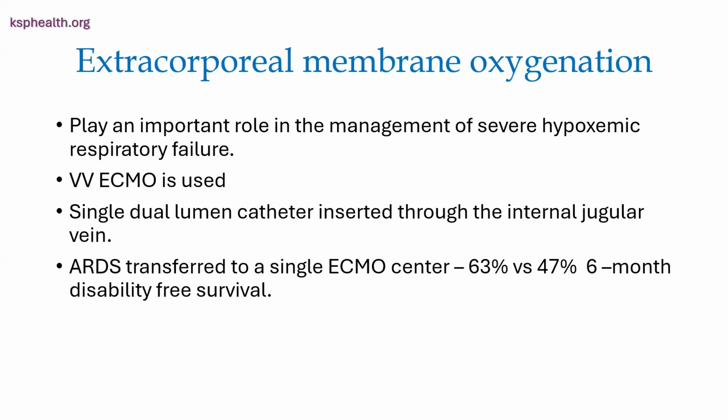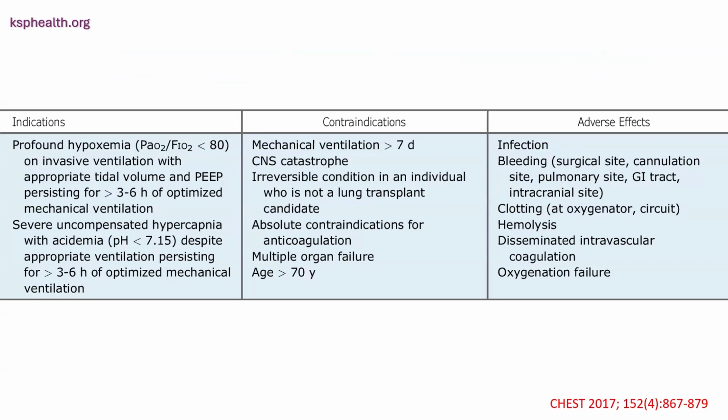The data show that ARDS patients transferred to a single ECMO center had improvement of survival from 47 to 63% and 6 months disability-free survival. So there is a significant benefit in early transfer of severe hypoxemic respiratory failure to the ECMO center.